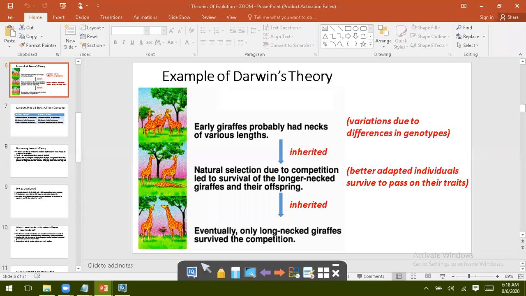And they are the ones that continue to live on and pass their genes to the offspring. Whereas the shorter necked ones died of starvation, and so were not able to pass their genes on. So variation, as he has observed, allowed for adaptation to occur, and then it was the genetic material that was inherited.